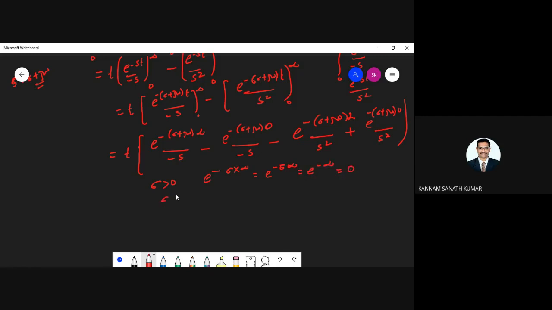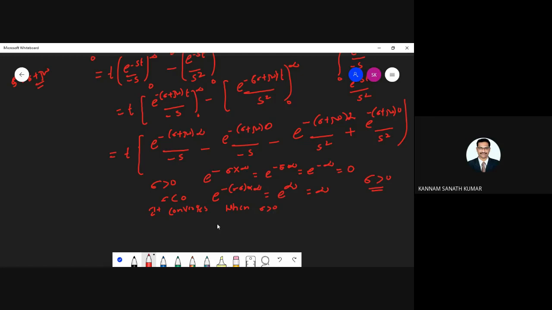When sigma is less than 0, e power minus of minus sigma into infinity, that means you are getting e power infinity, so this is infinity. So the above function converges for positive values of sigma. That means when sigma is greater than 0, it converges.